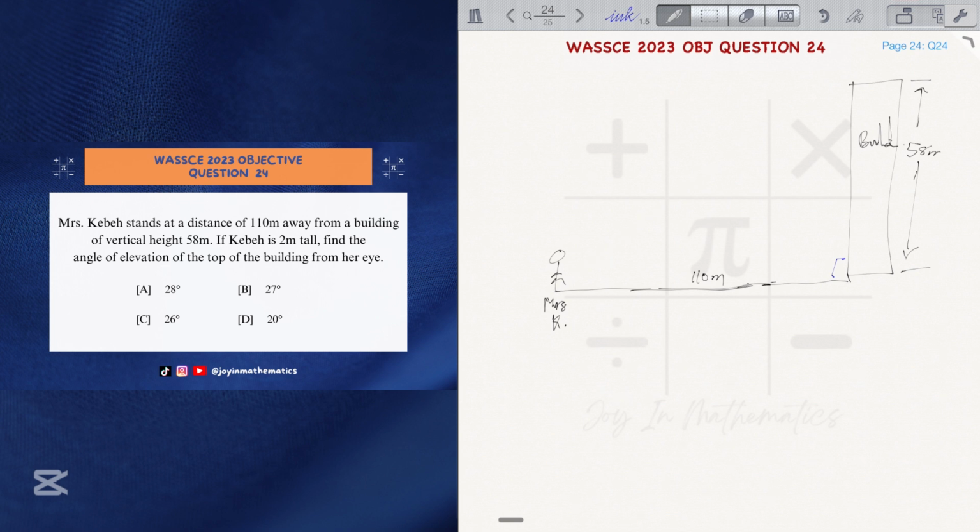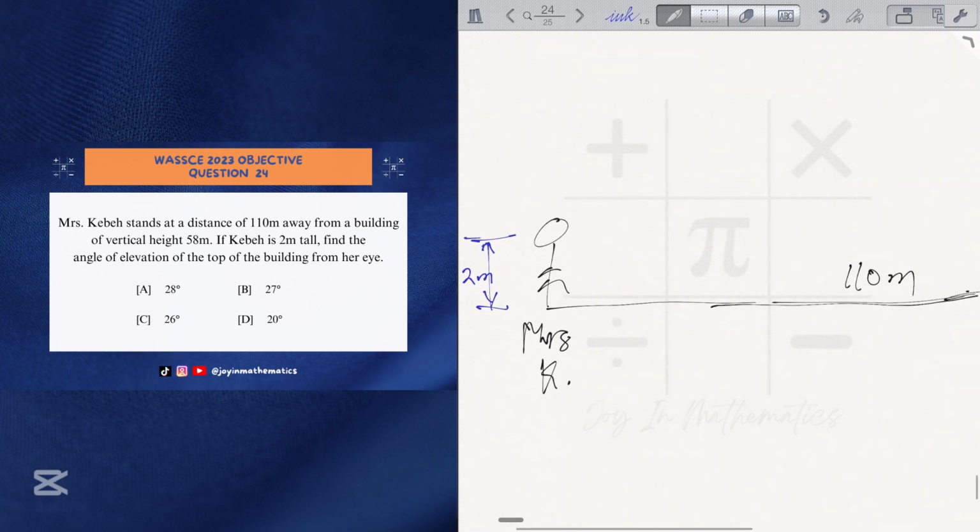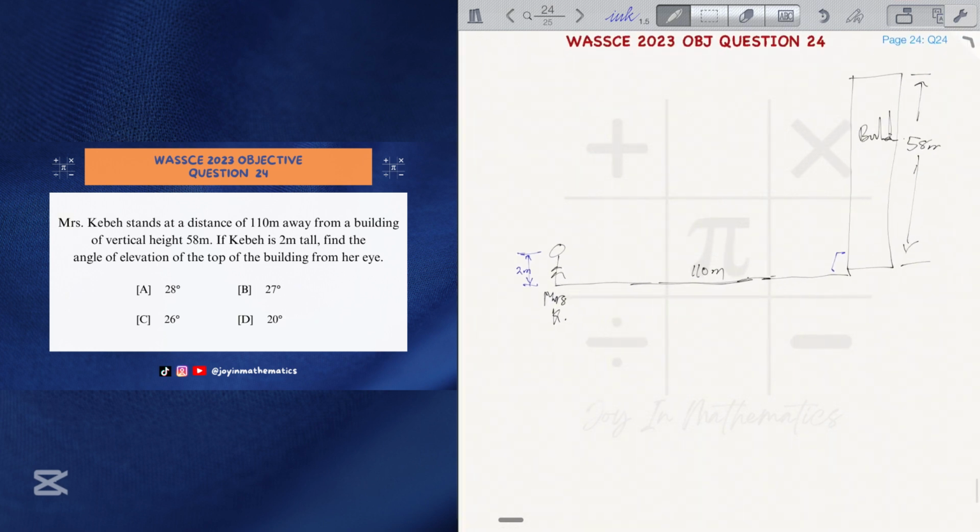So if Mrs. Kibe is 2 meters tall, that means the distance here from our point of view is 2 meters. We should find the angle of elevation from the point where she's looking at the top of the building.